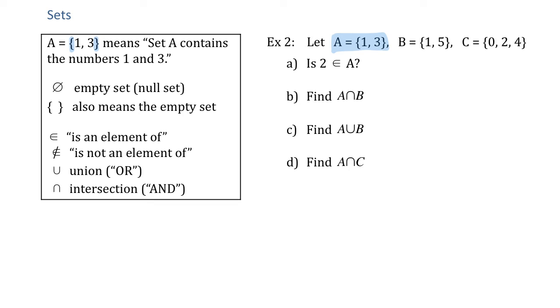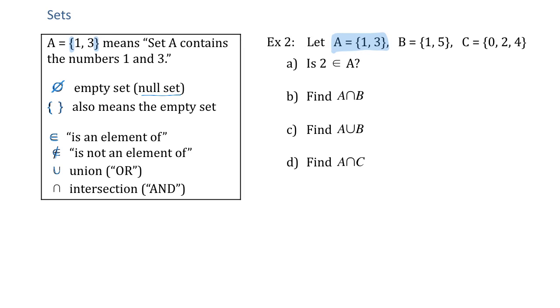Now if you have nothing in your set, in your list, then we would just have the null set, which looks like a 0 with a line crossed off. Or you could have your set notation with just nothing in it. So that also means the empty set or the null set. Okay, and this funny looking E means is an element in. If it's crossed off, it's not an element.